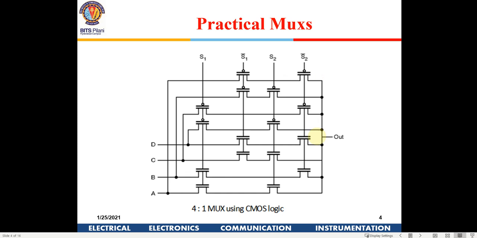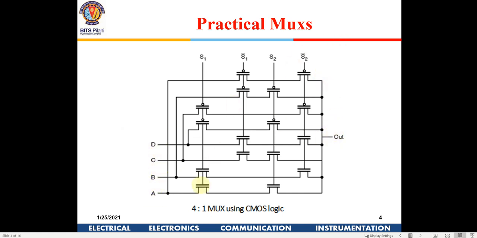Okay, can anybody say why there are two paths available? One for NMOS and one for PMOS. Only one should have been needed, like it is for S1 equal to 0 and S2 equal to 0, A is available out. Okay, this is given that way.